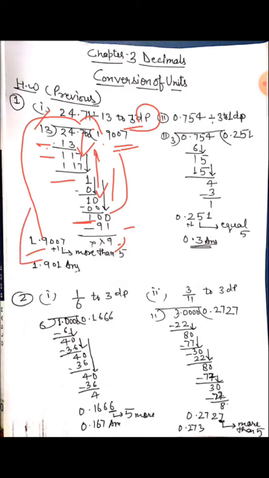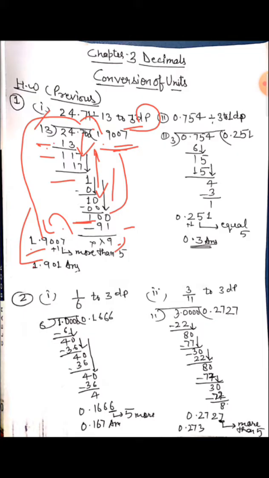And the quotient here is 1.9007, and we know the rule here. If the last digit after the decimal is more than or equal to 5, then we add 1 to the previous digit, the second last digit.